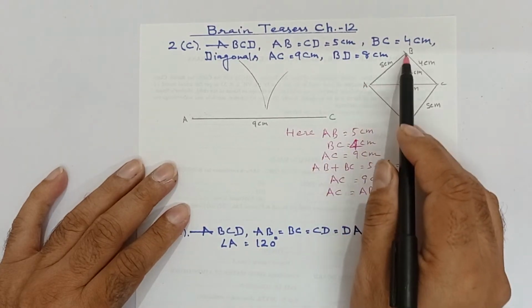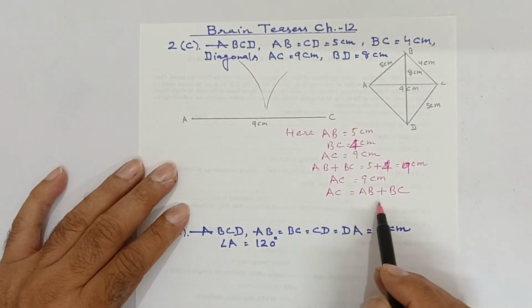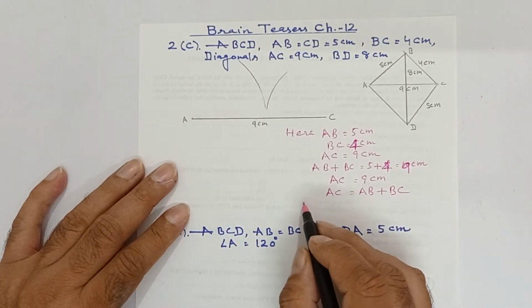Whereas for the construction of a triangle, the sum of lengths of two sides of a triangle must be greater than the third side.